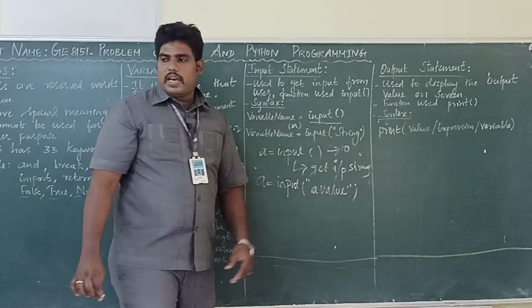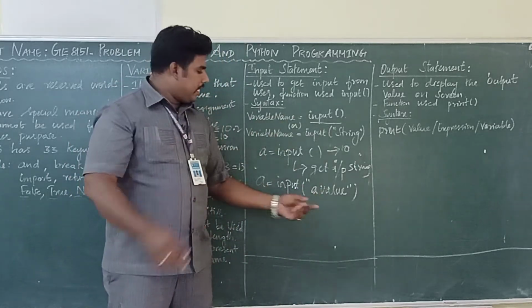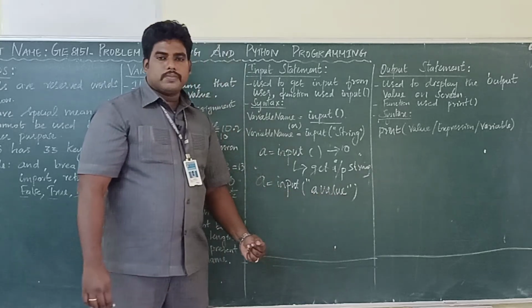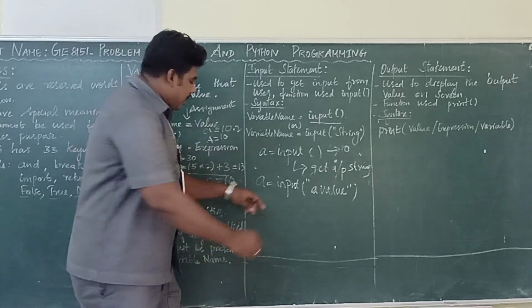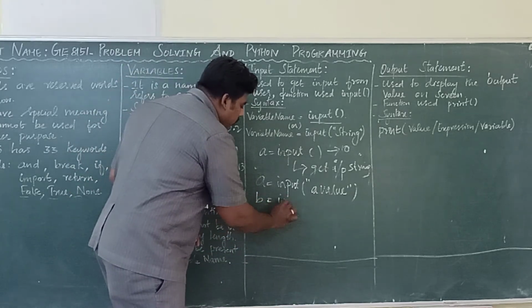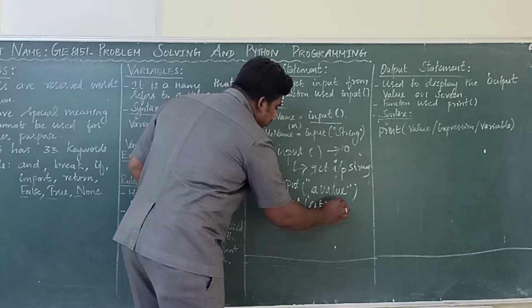Okay, so on the output screen it will show the A value prompt. So you can understand you are giving the input for A. If it is B, you can give input of "enter B value".